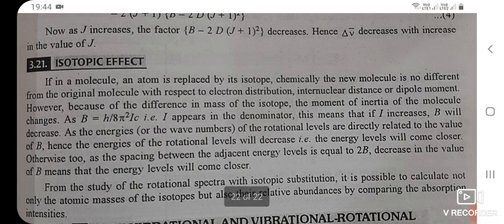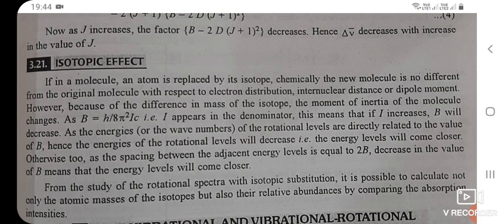Isotopic effect. If in a molecule an atom is replaced by its isotope, chemically the new molecule is no different from the original molecule with respect to electron distribution, internuclear distance or dipole moment. However, because of the difference in mass of the isotope, the moment of inertia of the molecule changes.